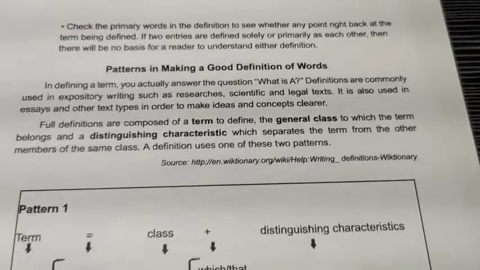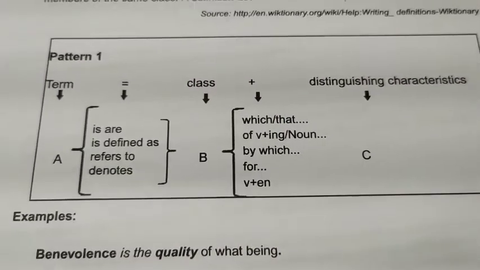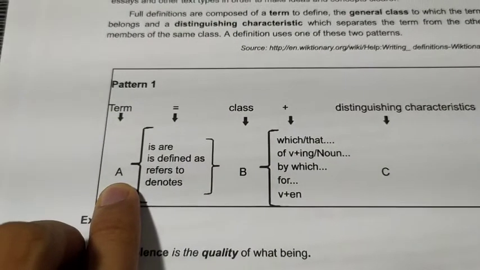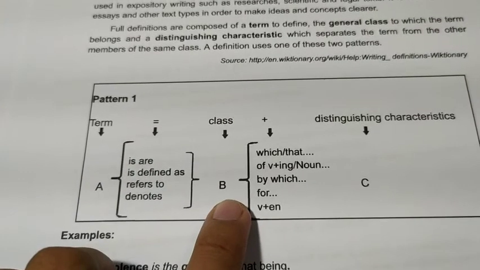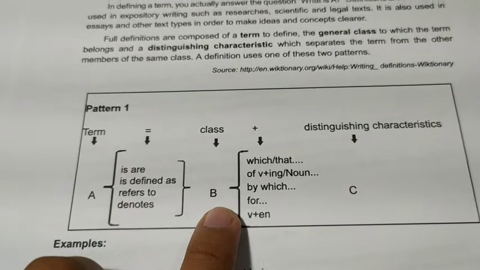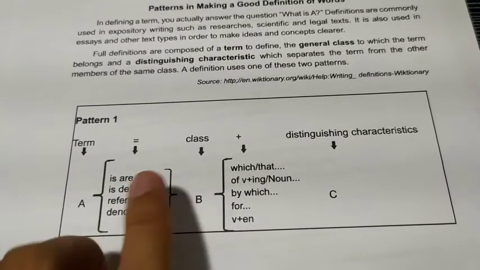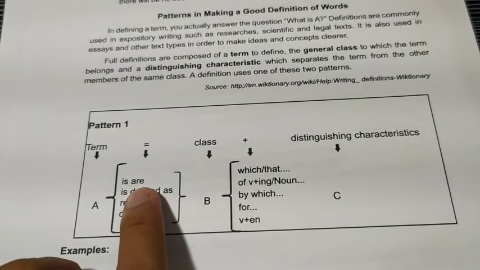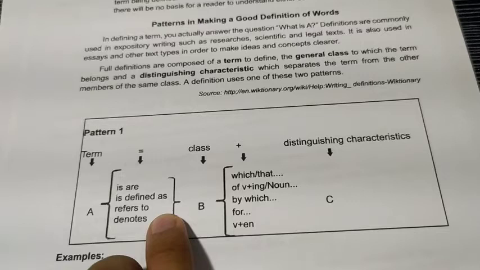So we have pattern number 1. We have the A, B, C. It's very simple. A stands for the term that you want to define, that you want to describe. Then B is the classification it belongs to. Then you can connect that A and B by is, are, is defined as, refers to, denotes.